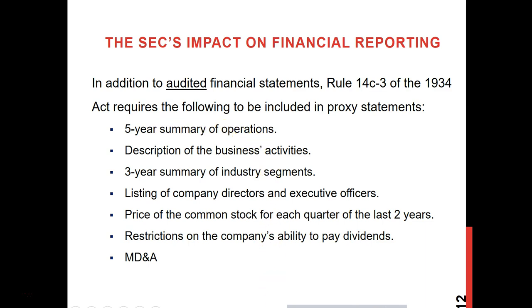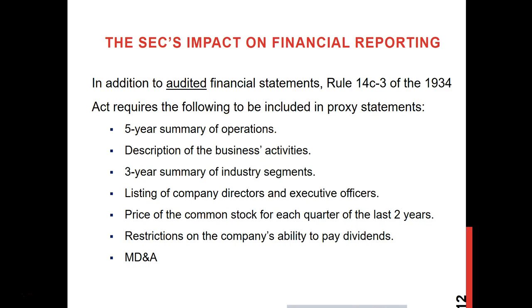Companies also need to mention in their proxy statement a description of the business activities, including their principal products and sources and availability of raw materials. They also need to provide a 3-year summary of their industry segments, if they have any export sales or foreign operations. The companies also need to list their directors' names and executive officers.